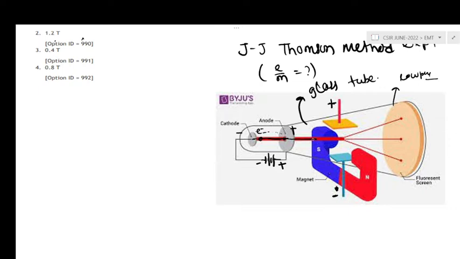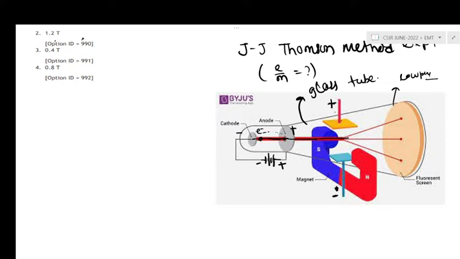Coming to this point, see the two plates, the upper and the lower plate. This is to set up the electric field so that the deflection will occur. We have to create a potential difference.